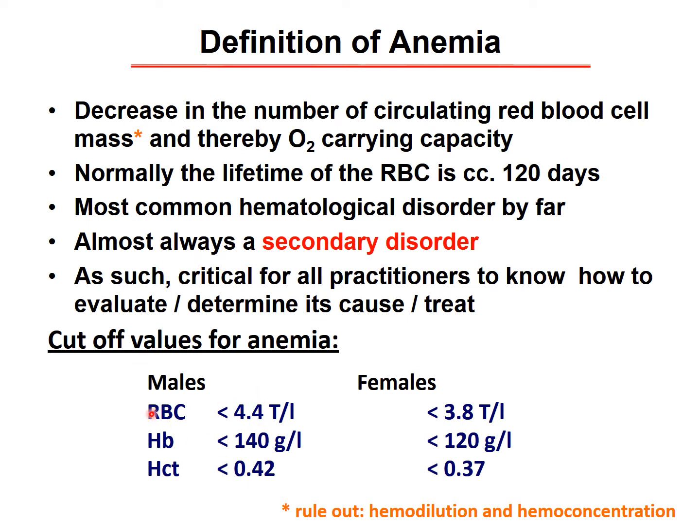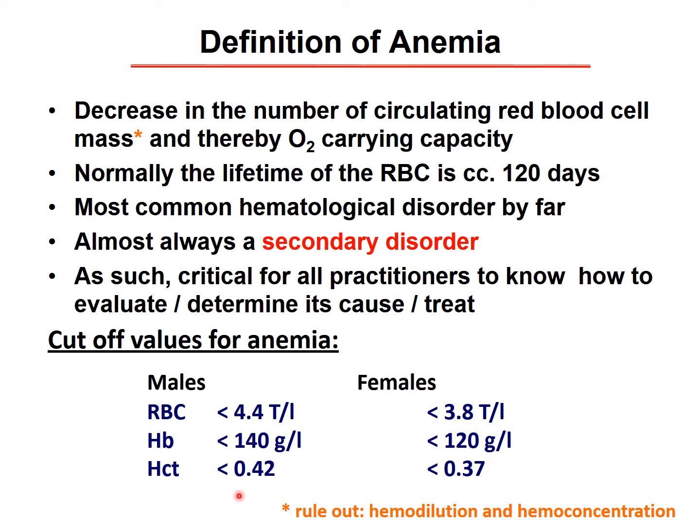Based on the red blood cell count, in males it is less than 4.4 tera per liter, or 4.4 million per microliter, or in females 3.8 tera per liter, or 3.8 million per microliter. The hemoglobin is less than 140 gram per liter, or in females less than 130 gram per liter.